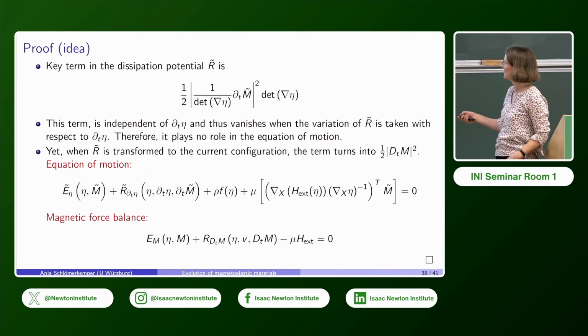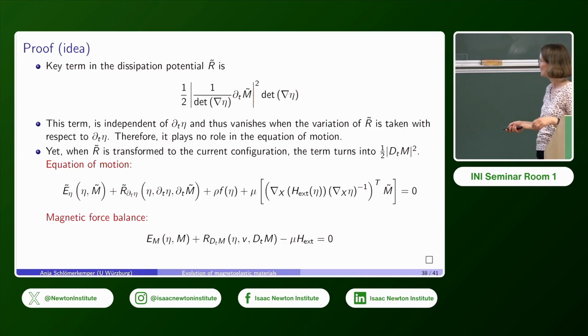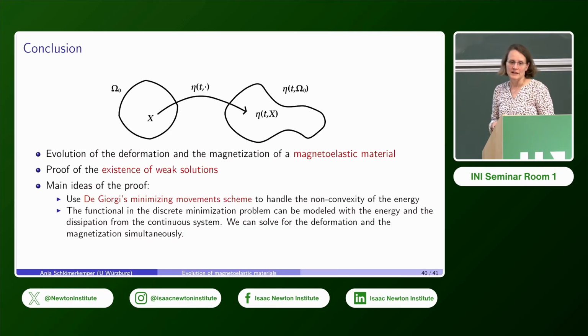Okay, and then we have the magnetic force balance, where we take the dissipation potential in the current configuration, just transformed. We look at the variation with respect to the time derivative, dTm, and then we obtain the result. Let me conclude.